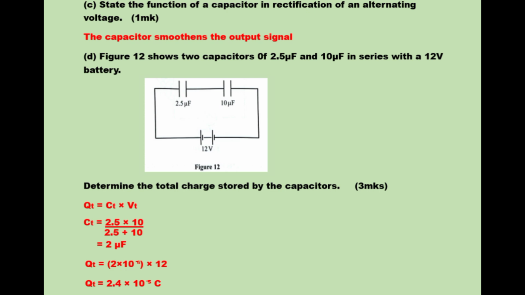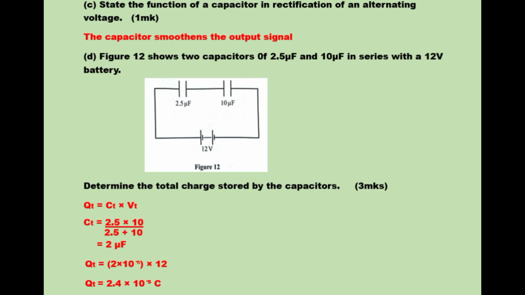We know total charge Q equals CV, where C is the total capacitance and V is the total voltage. So total charge is total capacitance times total voltage.